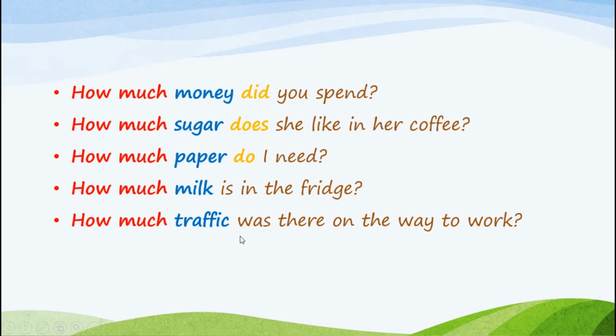How much traffic was there on the way to work? Look that the nouns are uncountable nouns because you can't say 1 money, 2 monies, 3 monies. No, you just can say money in a singular form. Sugar, it's a powder. The milk, it's a liquid. That's why they are uncountable nouns.